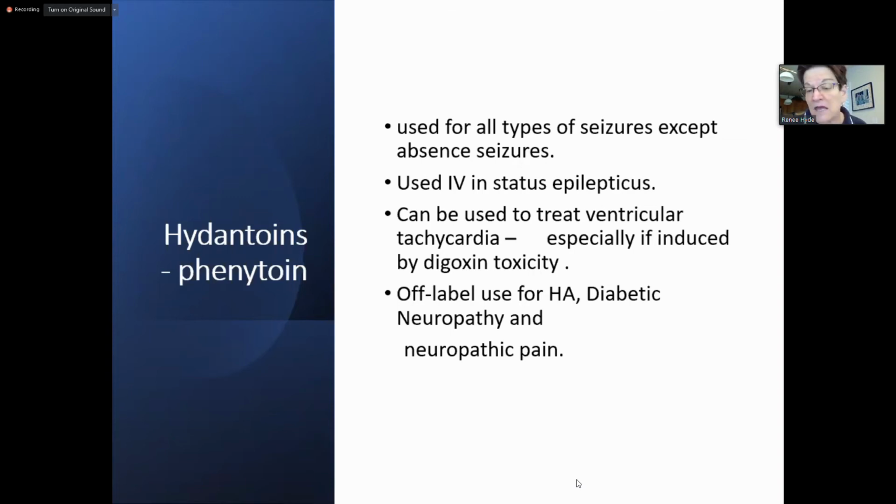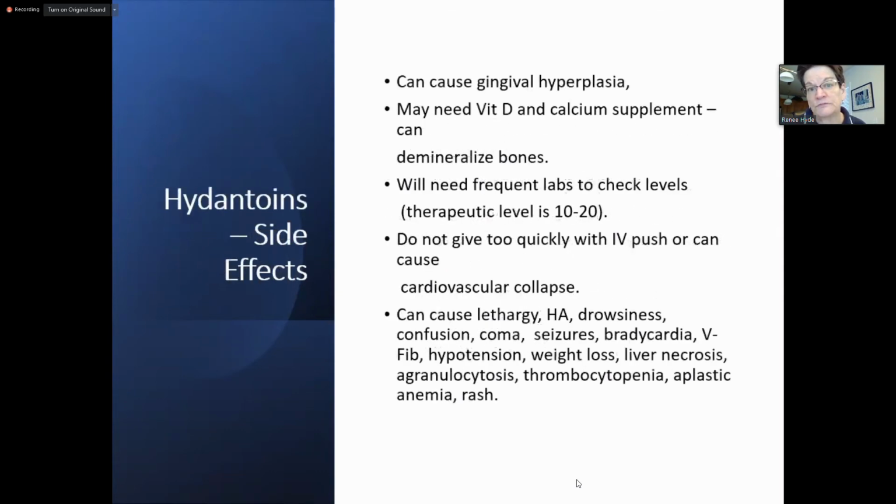But again, it is one that you have to taper these patients off. You can't just abruptly stop them if they've been on it for a while. This is one of the big KDOTs. It can cause what we call gingival hyperplasia, which means the gums grow over the teeth.